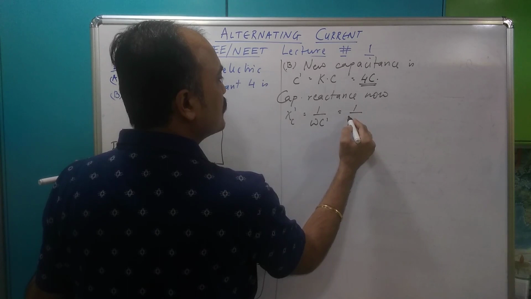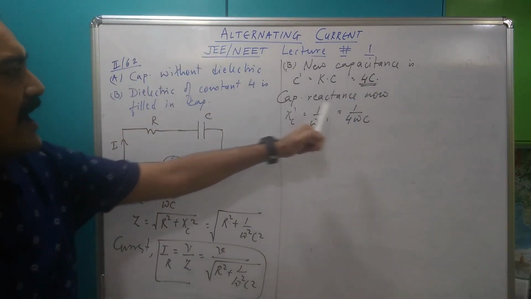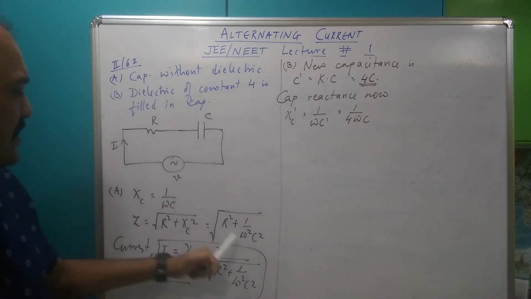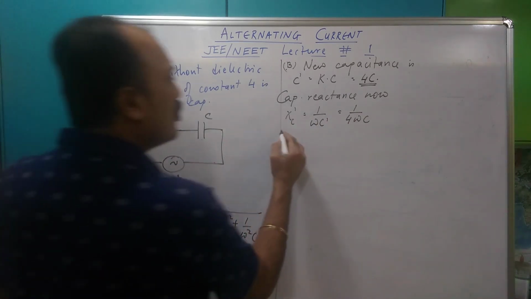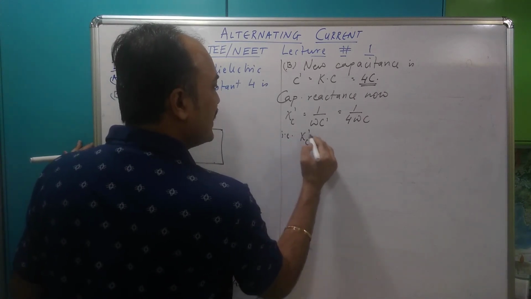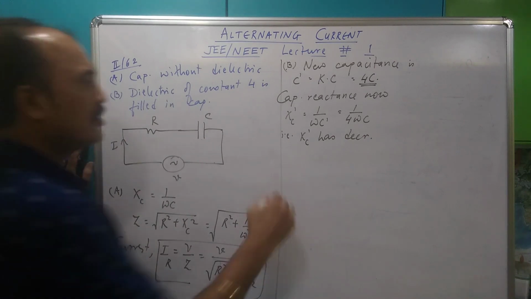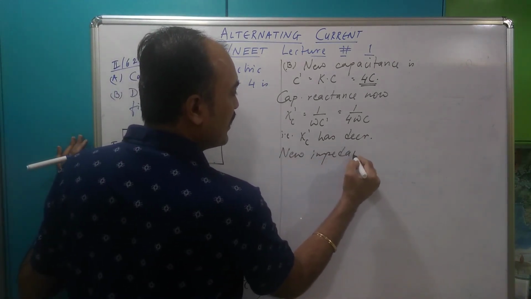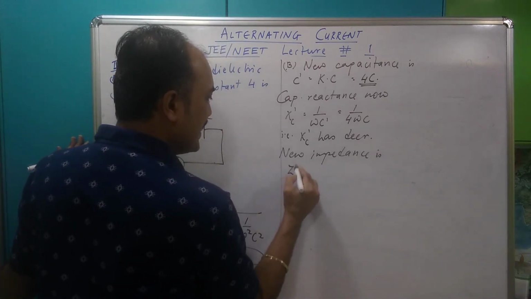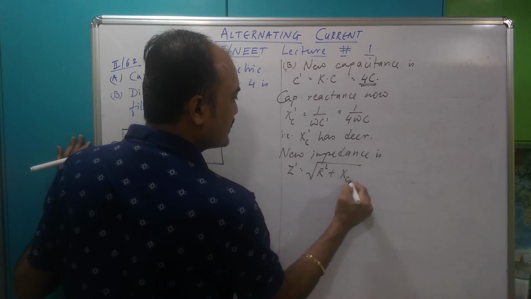My God, it is 1 by 4 omega C. So can you see XC dash is 1 by 4 omega C. Now this was only 1 by omega C. So this is XC by 4. Oh, that means XC dash has decreased. Oh, impedance, new impedance. Everything is going to depend on impedance. Z dash is root of R square plus XC dash square.